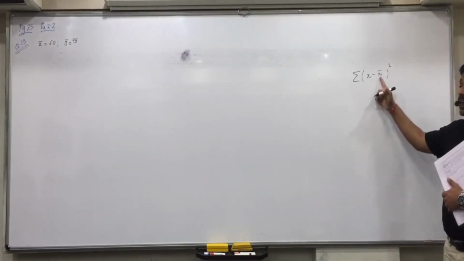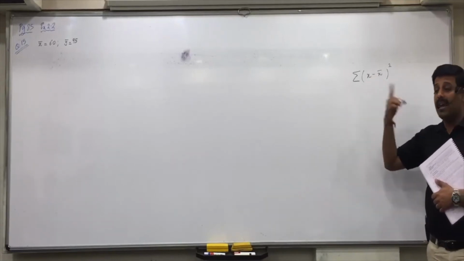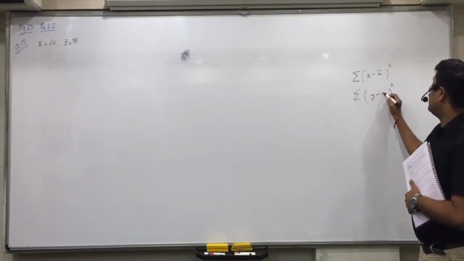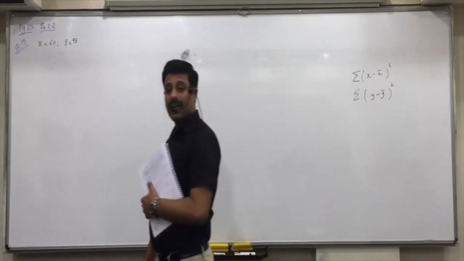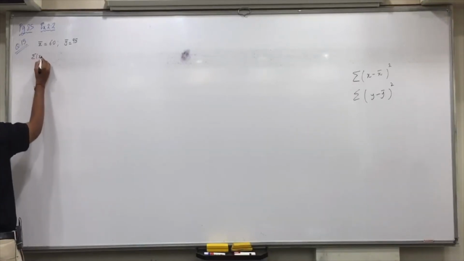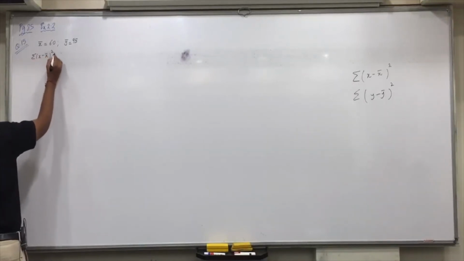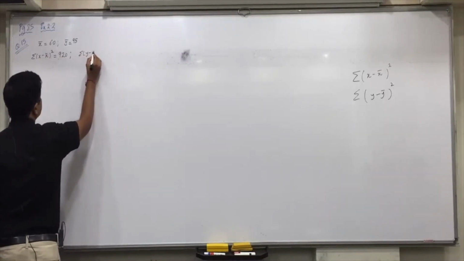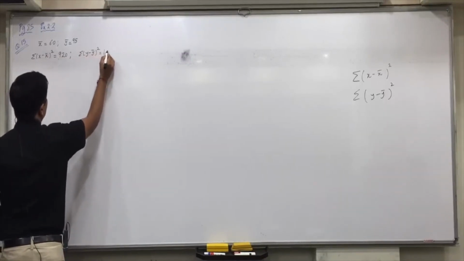Is this deviation taken from mean or not? Same way in case of y, sum of squares of deviation taken from mean. Understood this language, everyone? So what is that? 920, sigma x minus x bar whole square, and what is that? 1050, sigma y minus y bar whole square.